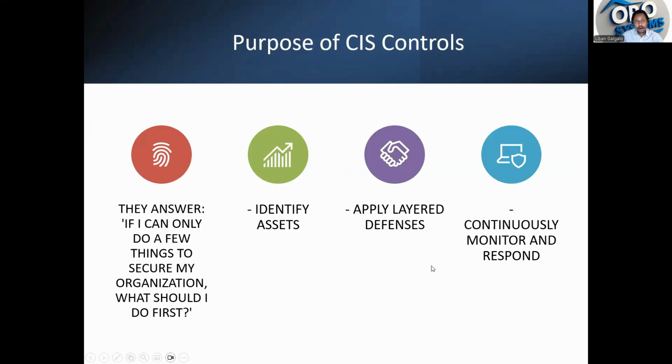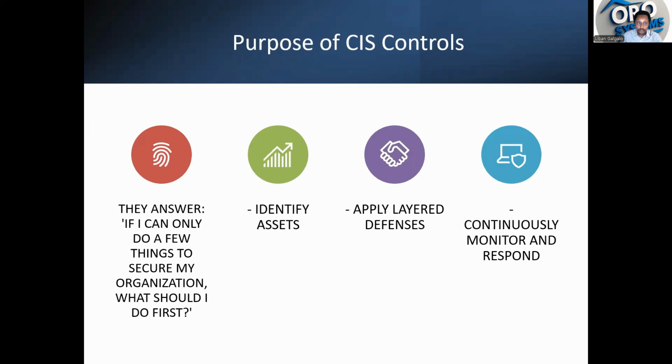So what is the purpose of CIS control? The first one is it answers: if I can only do a few things to secure my organization, what should I do first? Which means it starts from very little and then goes up.